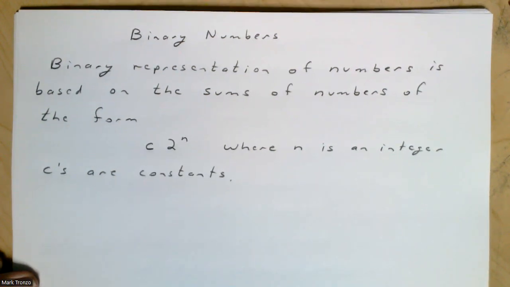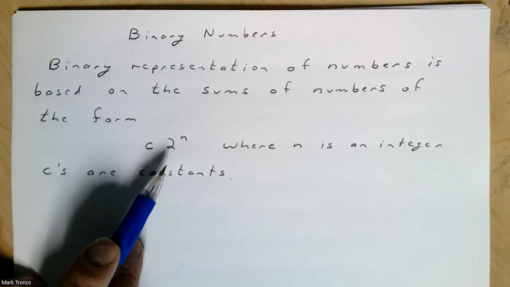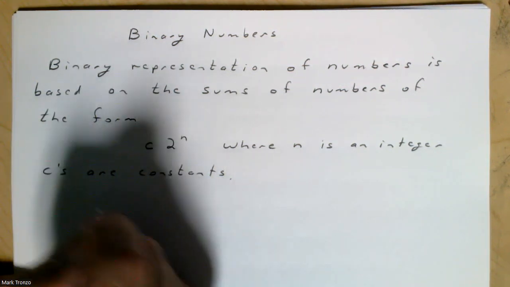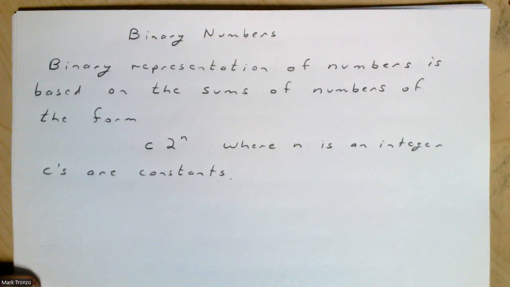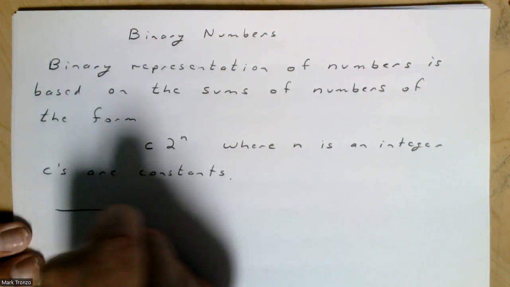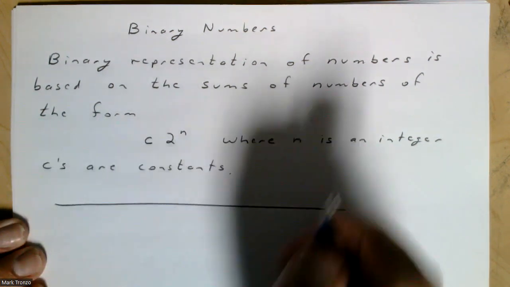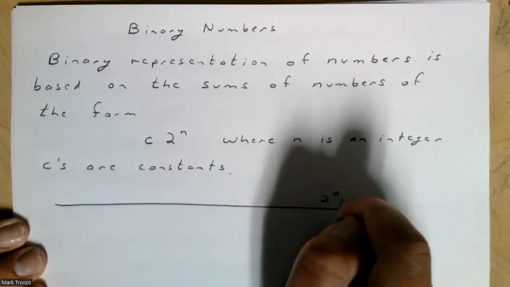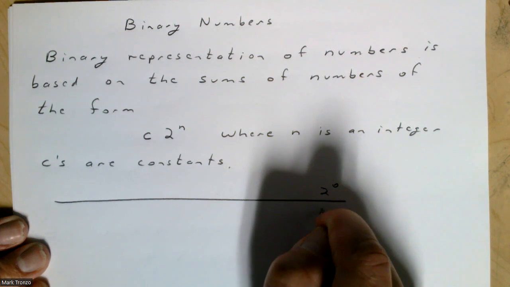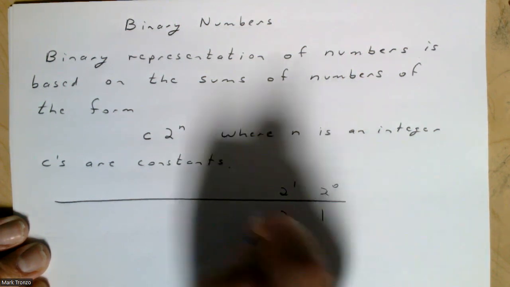And we'll have to keep in mind what the powers of 2 are. Let's make a little table. You can either start from the left or from the right. Let me start from the right, since often that's how we're going to be writing our binary numbers. So 2 to the 0. What value is that? That's, of course, 1. To the first power is 2.